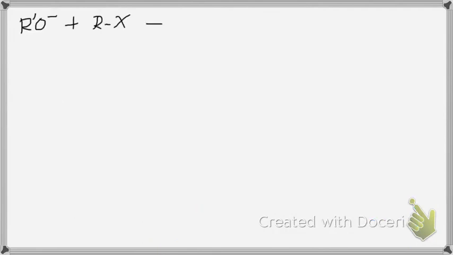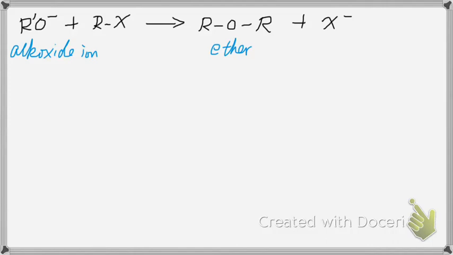So I'm going to give you some examples regarding the functional group transformation. The first example, if the nucleophile is an alkoxide ion, it can replace the X, and the product is an ether with 2 carbon atoms attached to 1 oxygen.